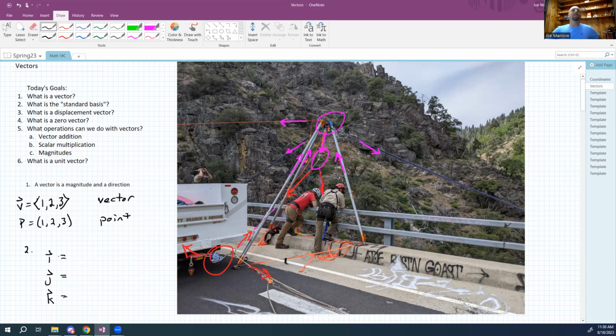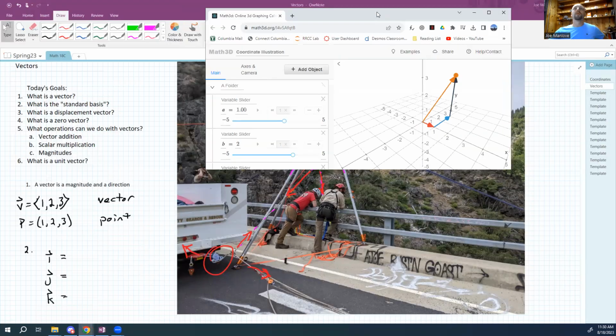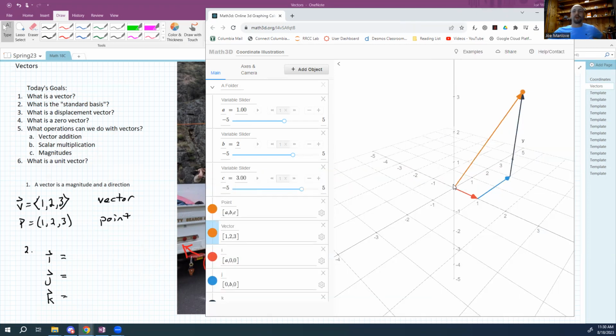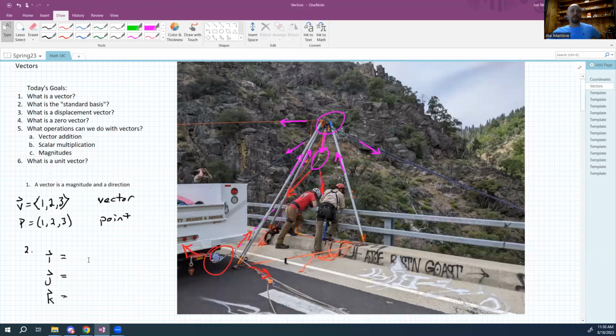So when we're talking about our vector here, right, we're saying we went 1 over, we went 2 in the y, and 3 in the z, right?